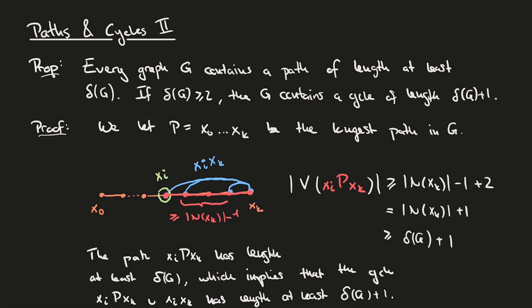This is because we've added an additional edge to the path from before. And with that, we've shown the proposition.